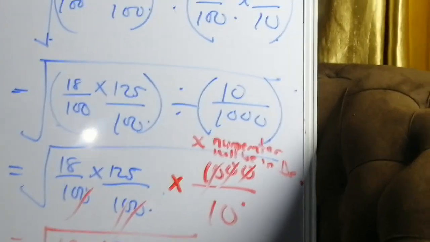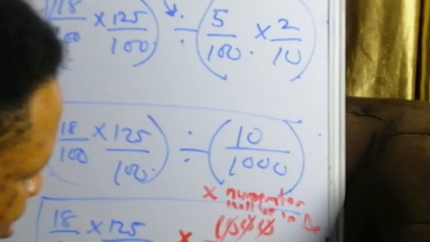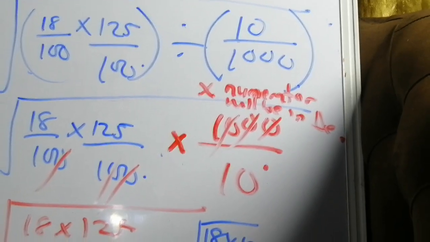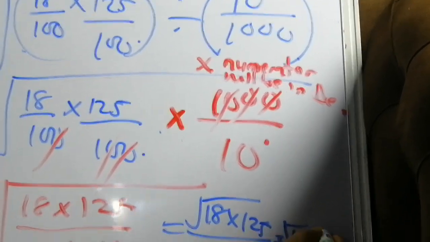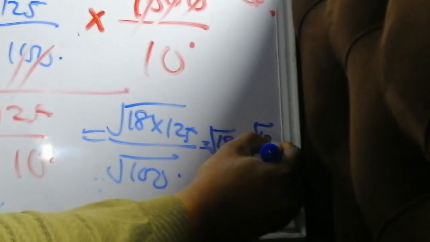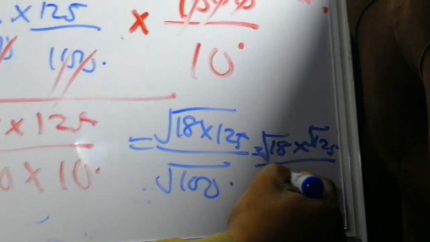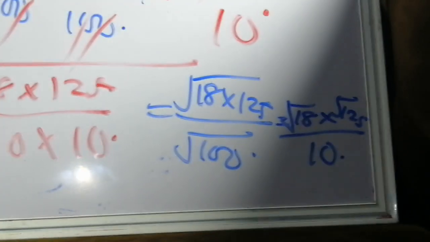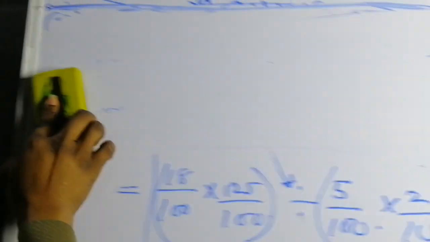Now we can say this is the same thing as multiplication law: root 18 times root 125 over 10. 10 times 10 is 100. Because of space, I believe we've understood how we started, so let me clean this part so that I can continue the calculation from there.